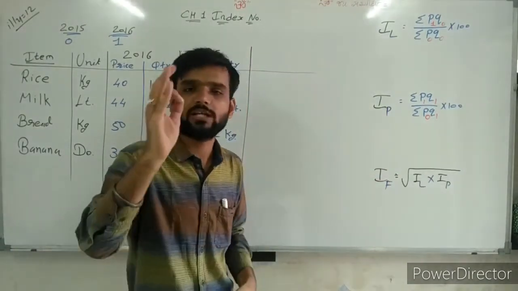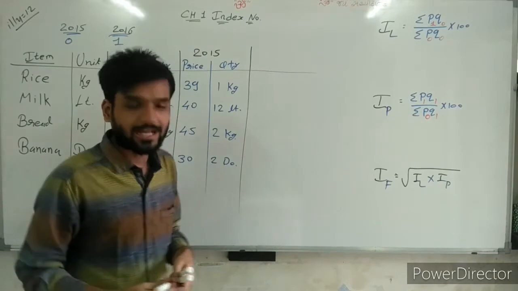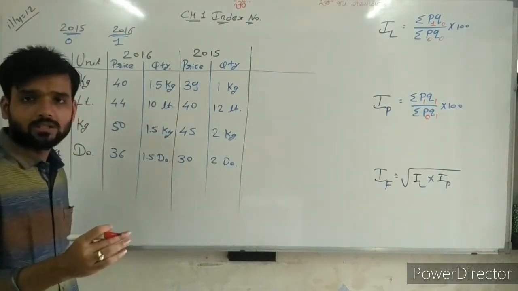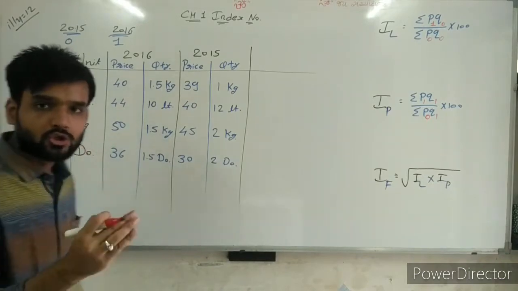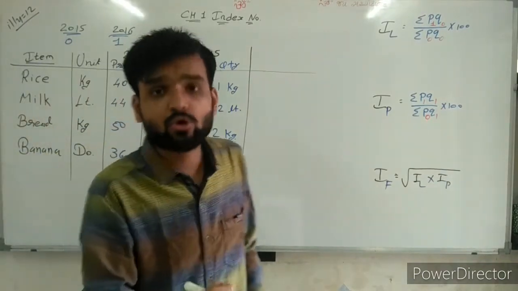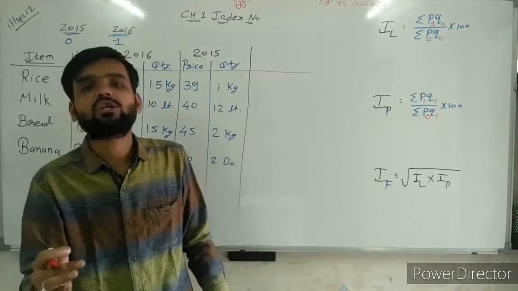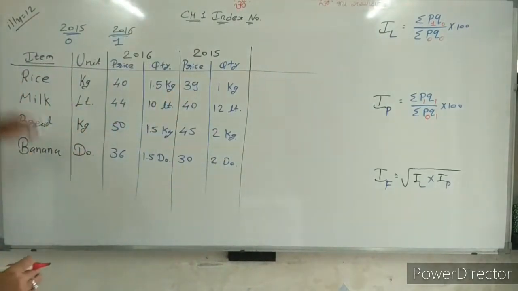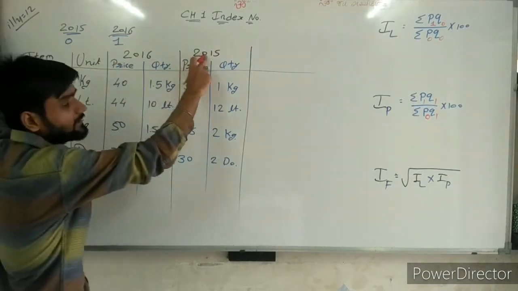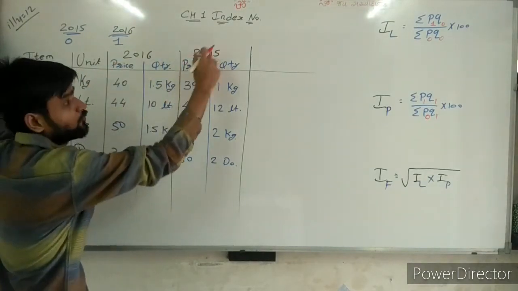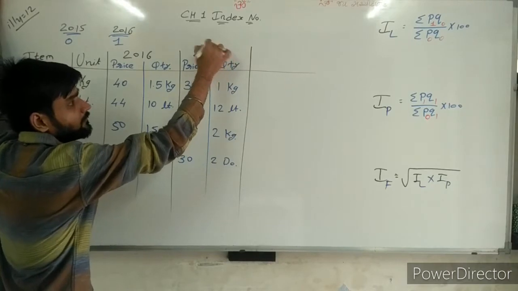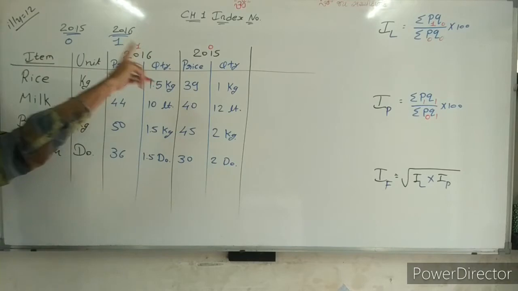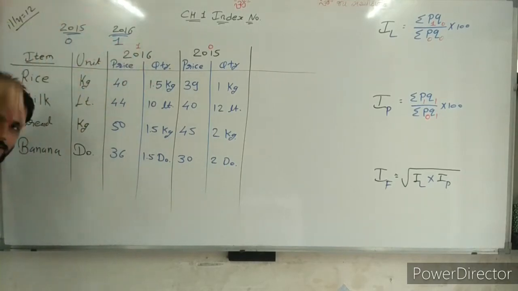So whenever you are reading any question, write all the things in short. It's P0, P1, Q0, Q1, P0Q0, P1Q1, whatever is given, first write it. Now we know 2016 and 2015. So for 15 we are writing 0, for 16 we are writing 1, because 15 is the past and 16 is the present.